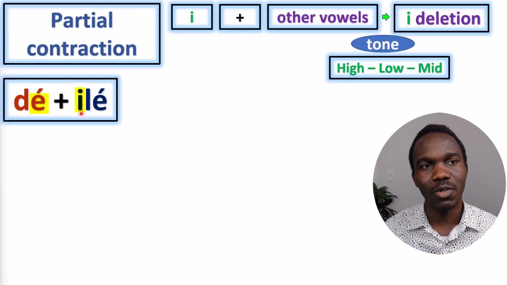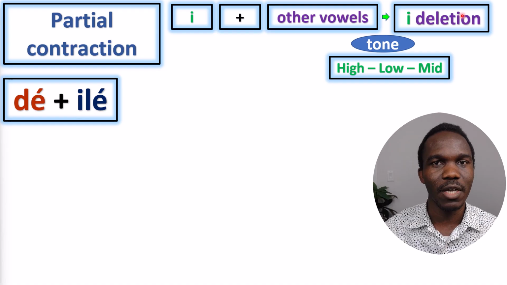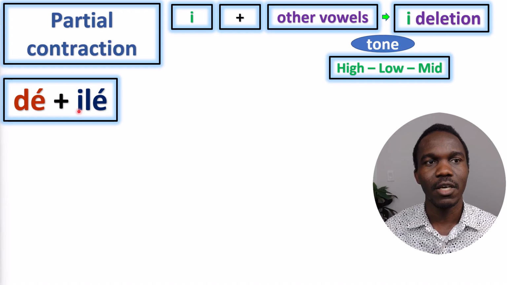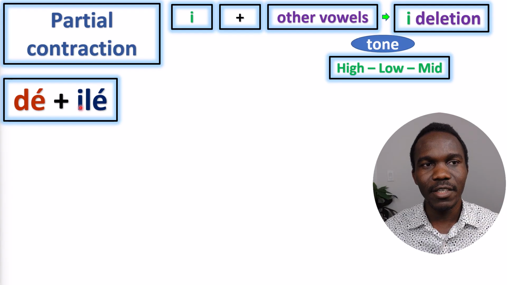The E is the beginning word, but the other vowel is what ends this word. The other vowel wins, so that means this will stay. E gets deleted according to the rule. Can you see? E gets deleted, A will stay.